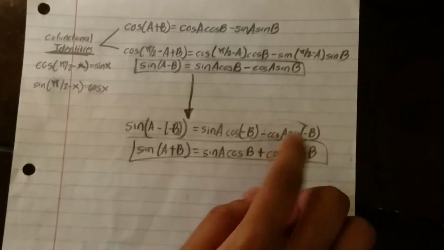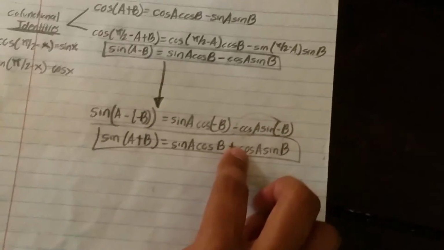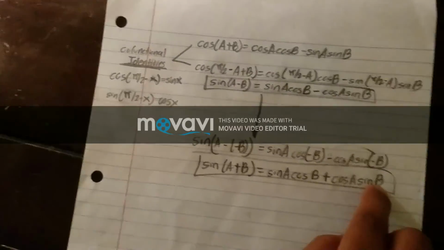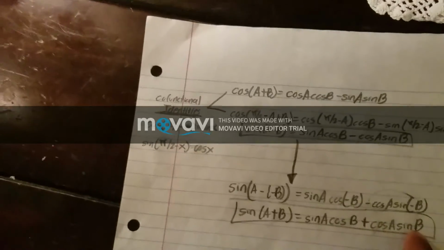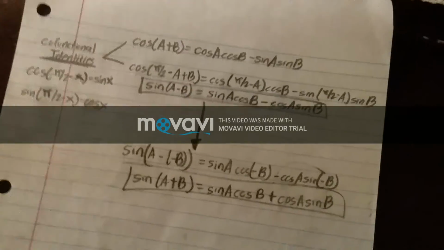So instead of being a minus, it's going to be plus. Instead of this being a negative, it's going to be a positive. And so we have our final trigonometric identity.